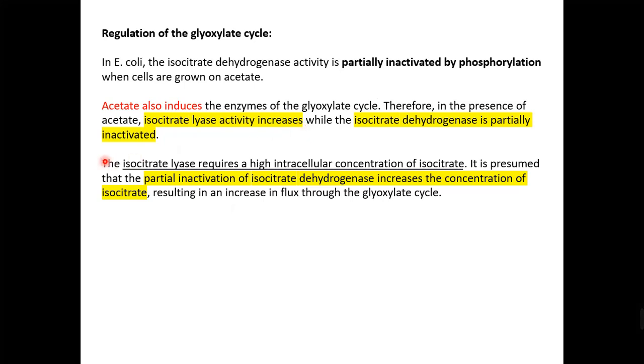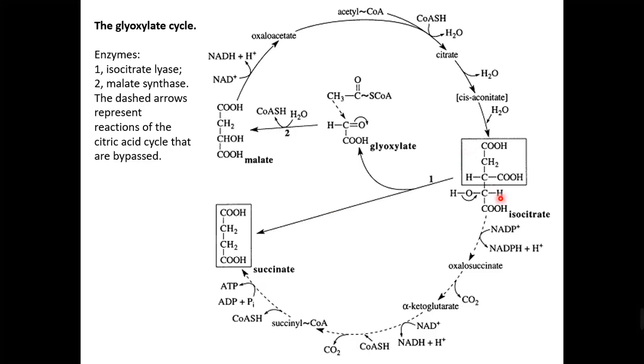And the isocitrate lyase requires a high intracellular concentration of isocitrate. That means if isocitrate dehydrogenase is inhibited, there is accumulation of a larger amount of isocitrate.